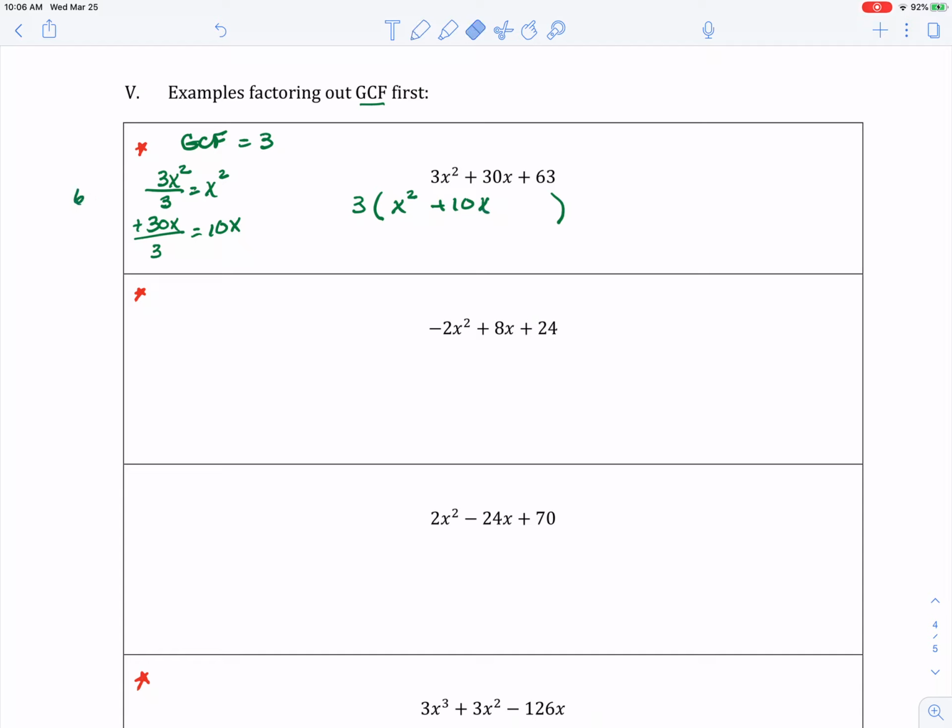Oops, it's not 65. Positive 63 divided by 3 looks like positive 21. All right, so we've got the greatest common factor pulled out, and this takes us back to where we were. Now we have a lead coefficient of 1 on the inside of the parentheses, and that's good.